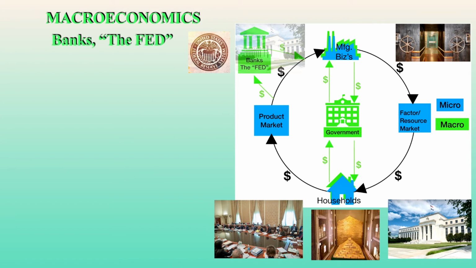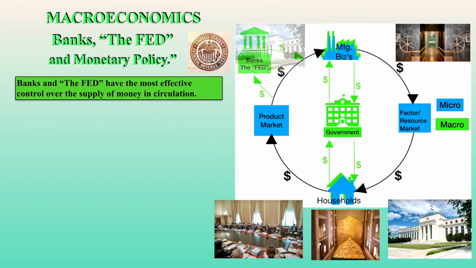Macroeconomics, the second part then, is the banks, what we call monetary policy. The government is applying fiscal policy in its financial aspects. The bank is applying what we call monetary policy. Banks and the Fed, or the Federal Reserve Bank, have the most effective control over the supply of money in circulation.